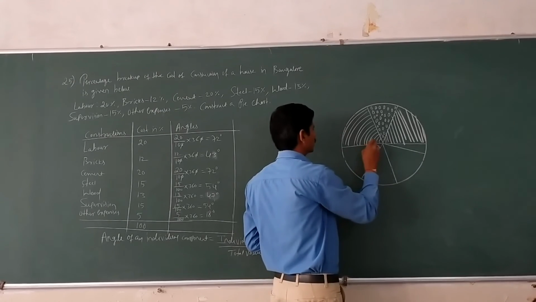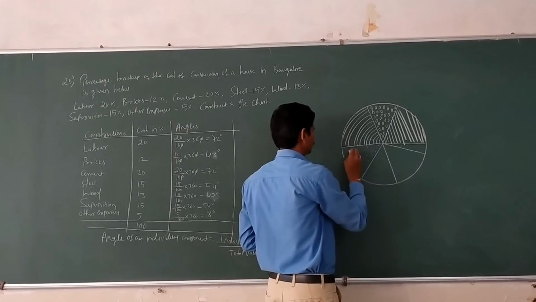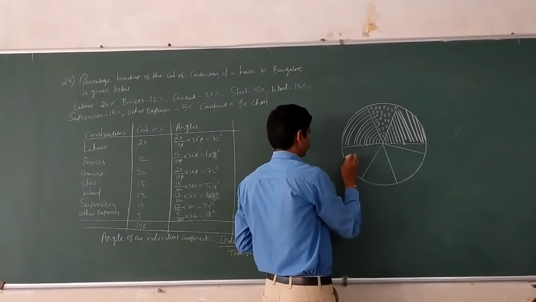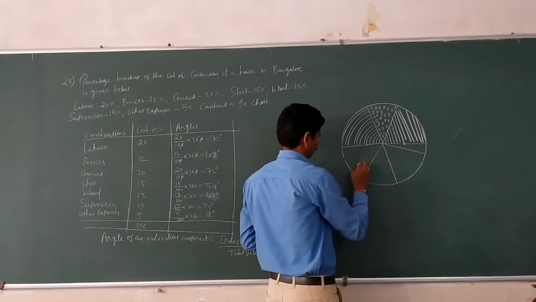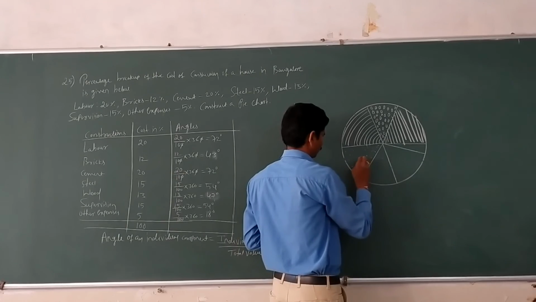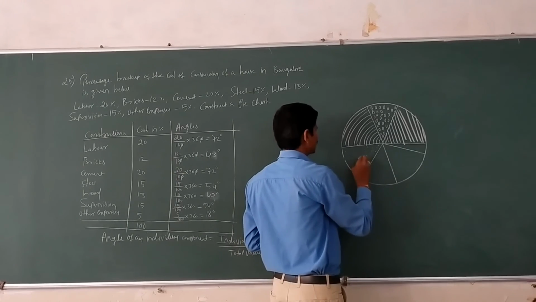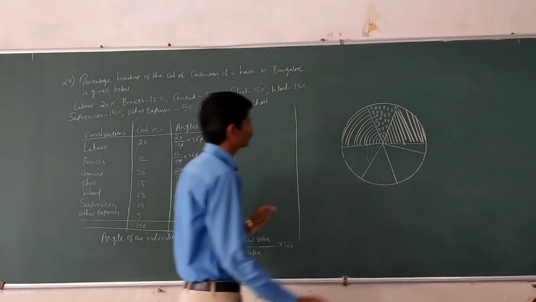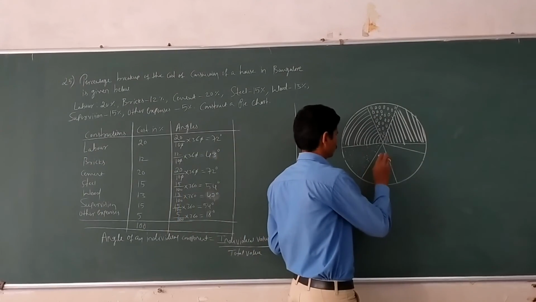Cross indicates steel. Okay, the next is wood.